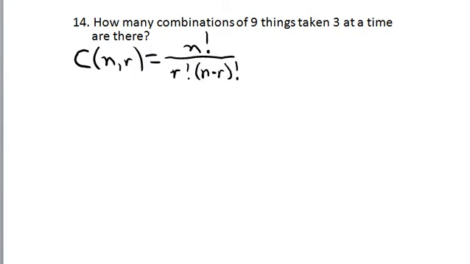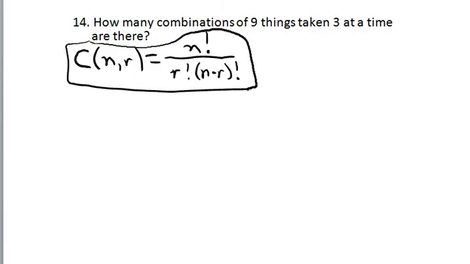But just as with the permutation, we have a calculator key combination that will do that, so I'm not sure anybody actually wants to do that by hand just for the fun of it.